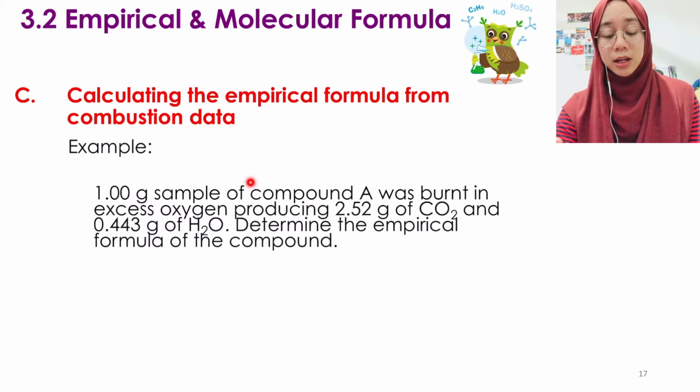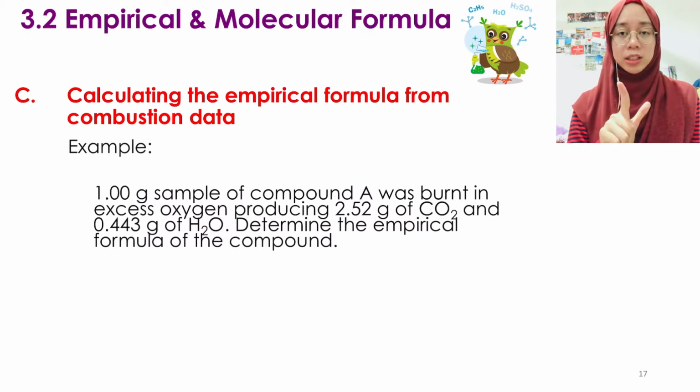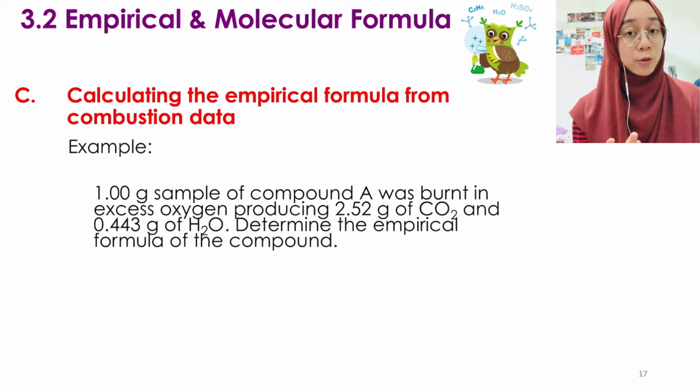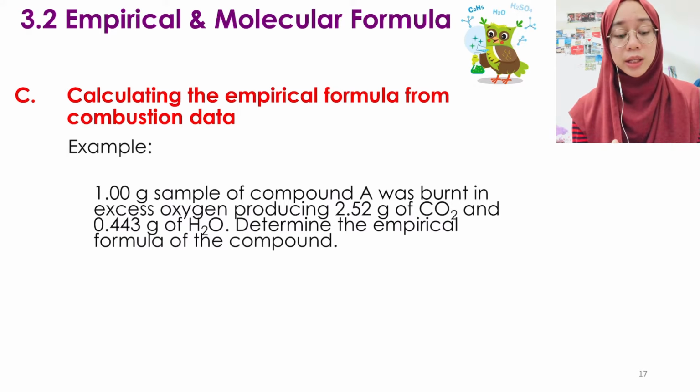Okay, however, when compound A is being burned with the excess oxygen, dia akan produce carbon dioxide and also H2O. Okay, therefore you should know that yang confirm elemen yang ada dalam kita punya compound A is carbon dengan hydrogen. So what about oxygen? It might contain oxygen, it might not. Okay, kenapa mungkin ya, mungkin tidak?